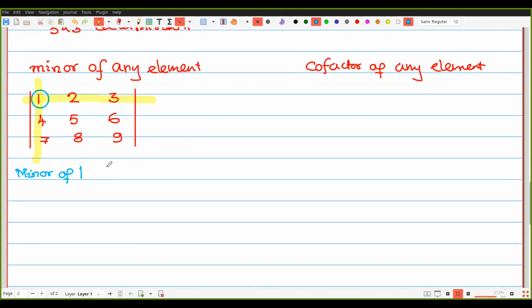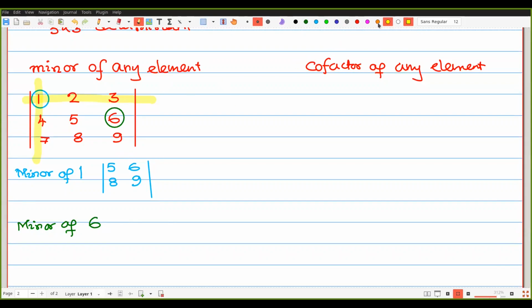So the minor of 1 is 5, 6, 8, 9. Once again, suppose the minor of the element 6.